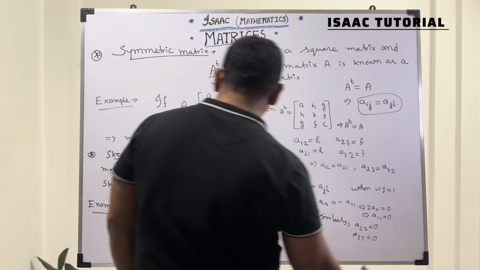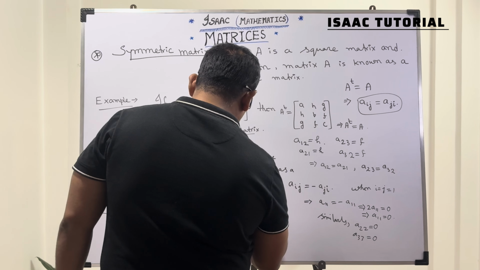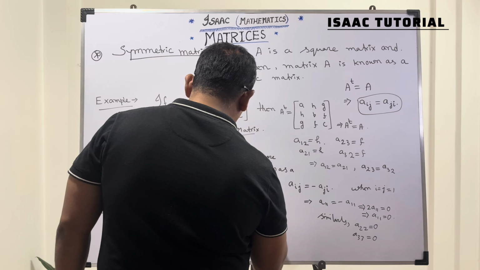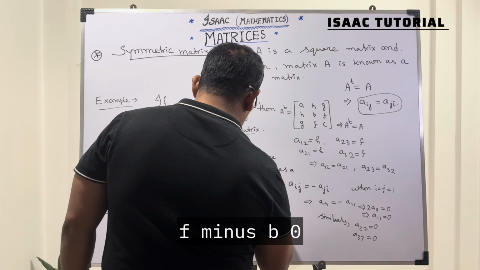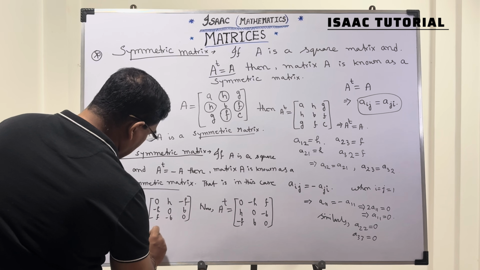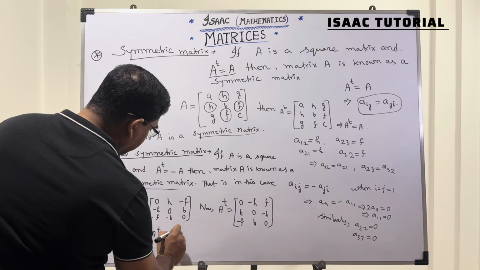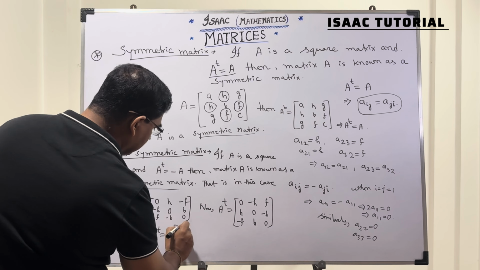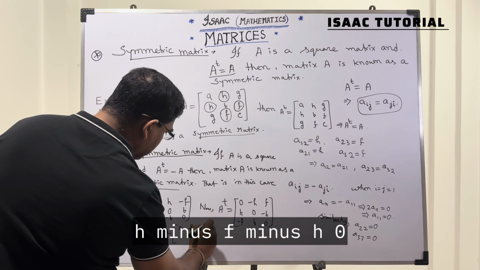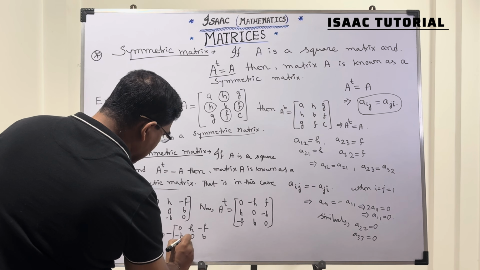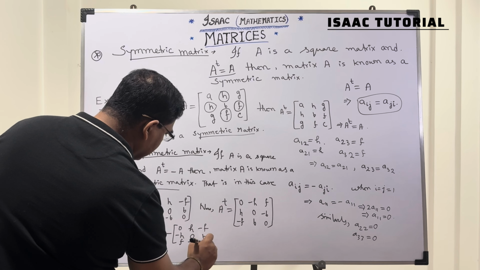Now, A transpose is equal to the matrix with rows 0 minus H F, H 0 minus B, minus F B 0. Taking minus 1 as a common factor from all these elements, we get minus of the matrix with rows 0 H minus F, minus H 0 B, F minus B 0.